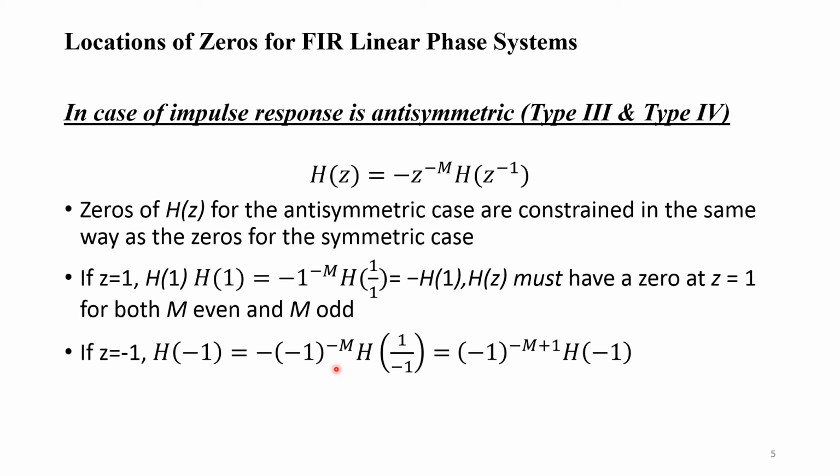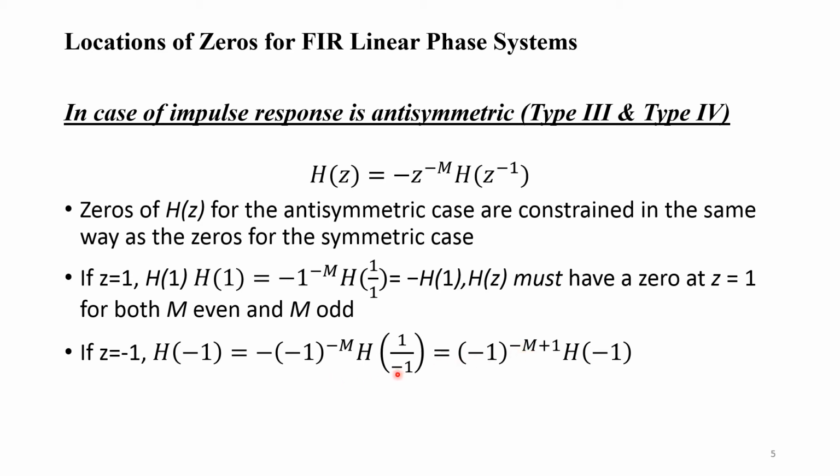So if M is even, you can also tell straight away from here that M plus 1 will be odd, so this will be minus 1, and it will result into H(-1) equals minus H(-1). So that means there must be a 0, this is a must.